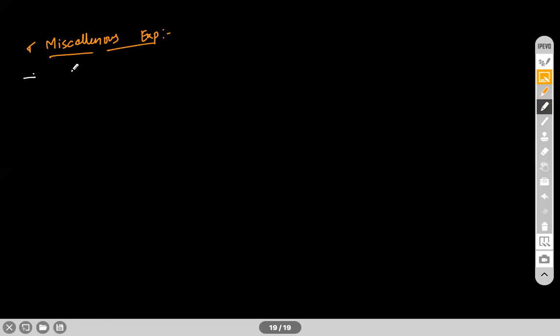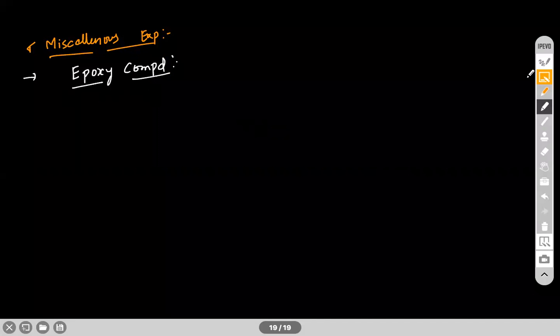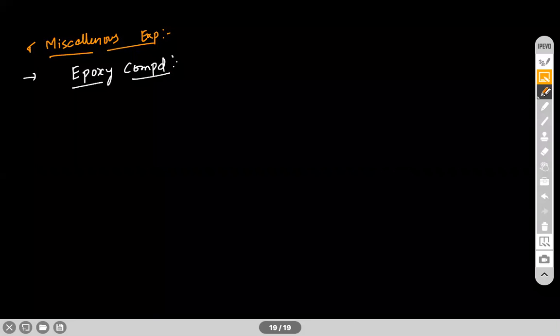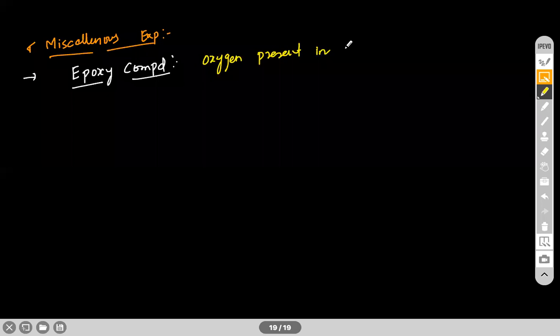Like, see, there's one kind of compound we call an epoxy compound. Epoxy compounds are those compounds which have oxygen present in the ring, and we use the prefix epoxy for these kinds of compounds.